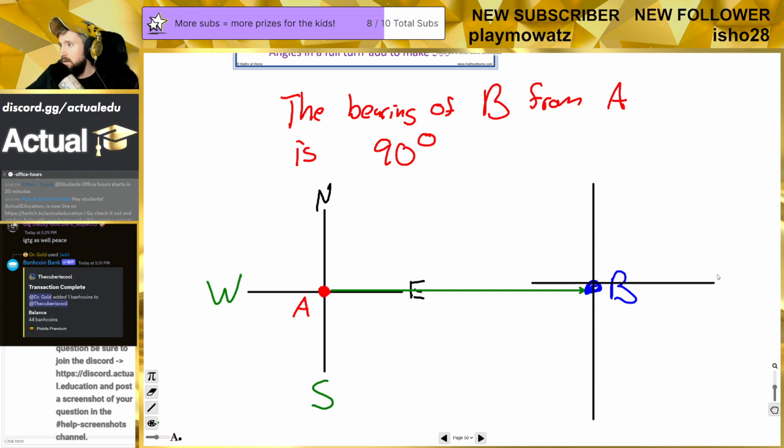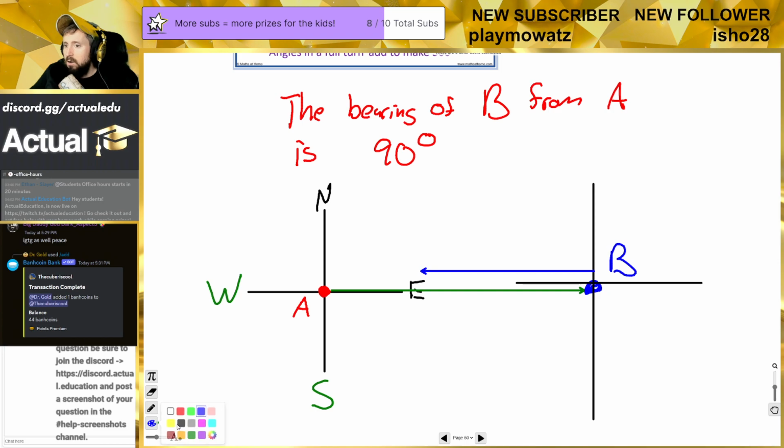Let's say I'm at B and I want to get to A. Which direction do I have to go? In terms of left, right, up, down, which way? To the left.